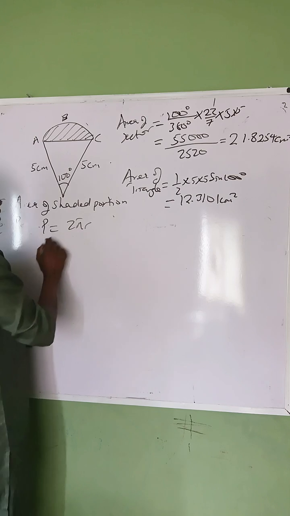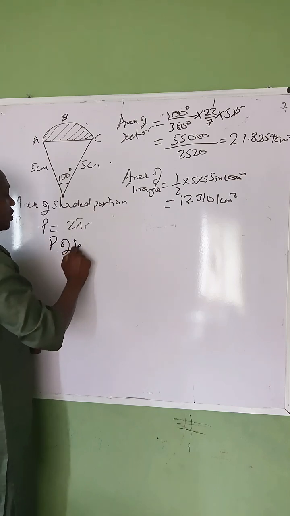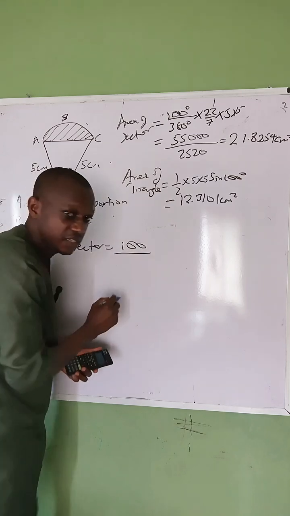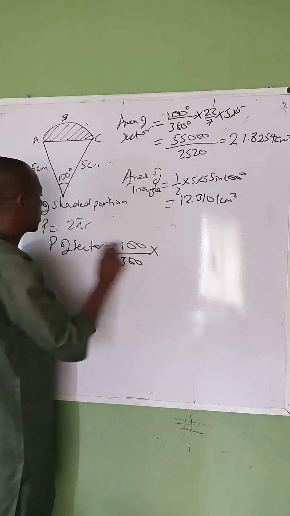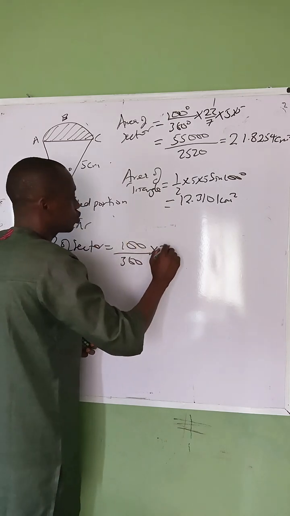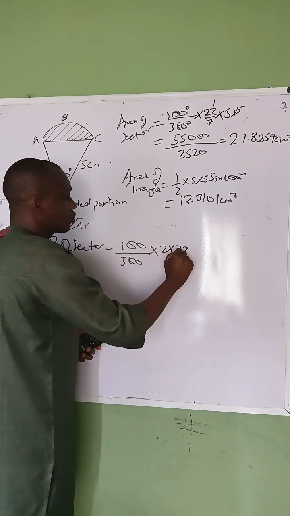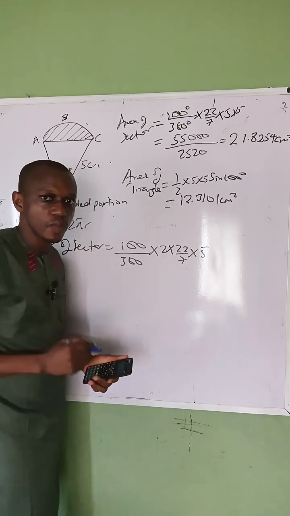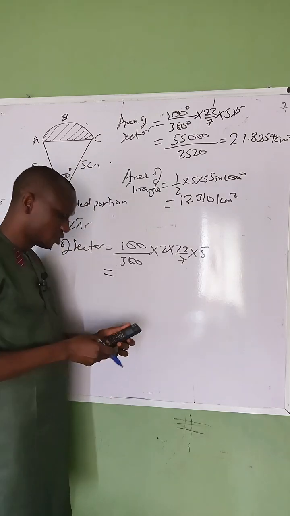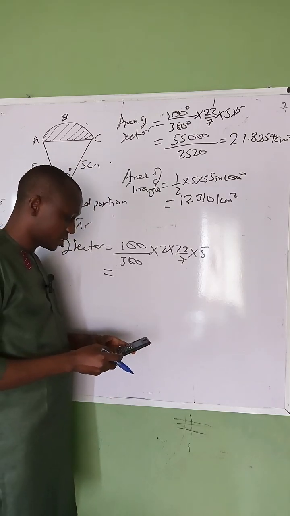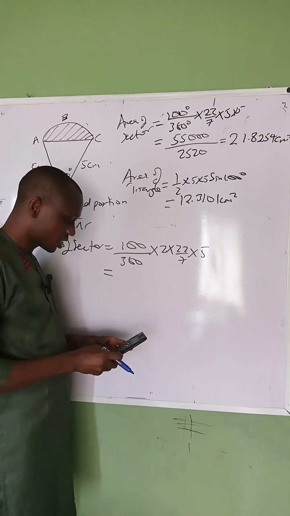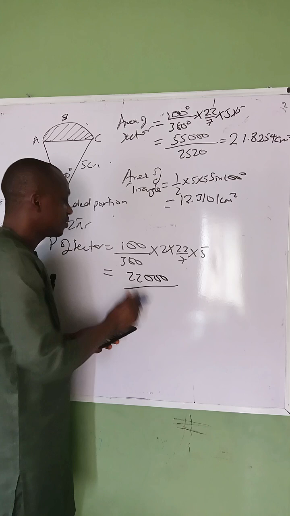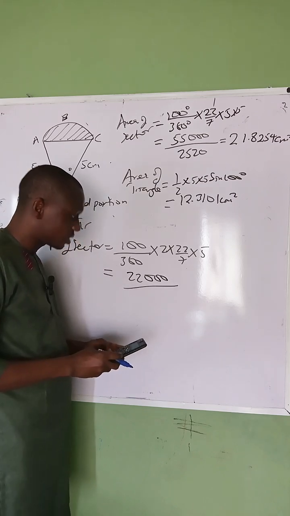So to get the length of this sector's arc, it will be equal to 100 divided by 360 multiplied by our perimeter, that's 2 pi r, that is 22 over 7, multiplied by r, which is 5. So let's do the calculation. We have 100 multiplied by 2 times 22 times 5. That gives us 22,000 divided by 360 times 7.